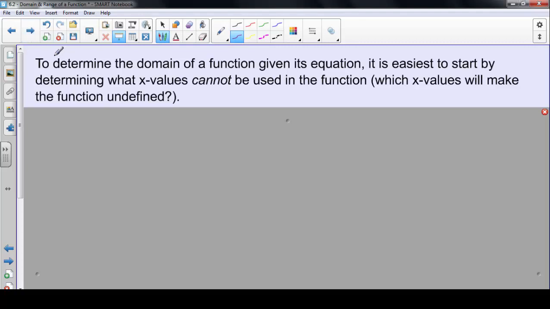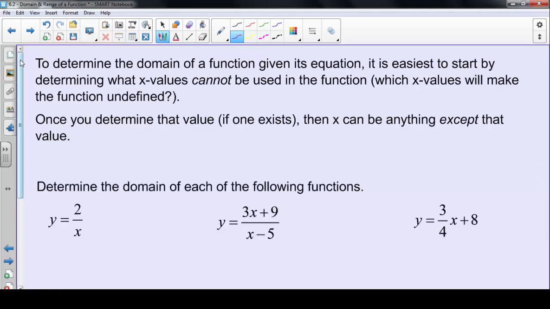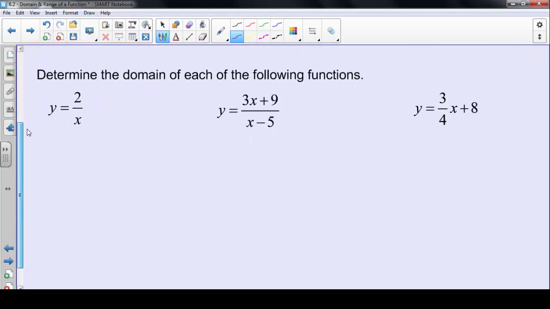Another way of thinking that: is there any x value that will make this whole thing undefined? When you figure out that value, if there is one, then that actually means x can be anything except that one value, or two values, or 3, or whatever it is. So for these, that's how we're going to walk through them.